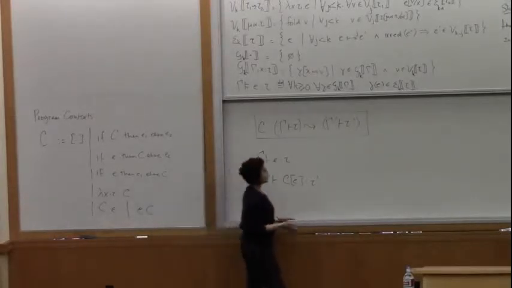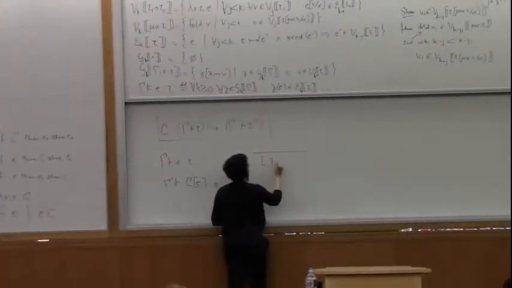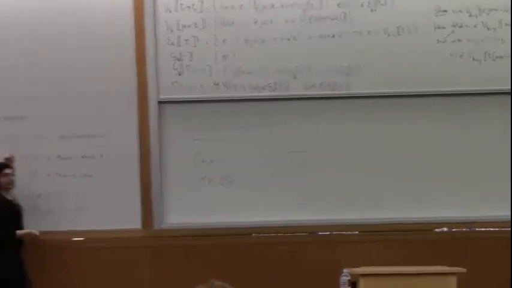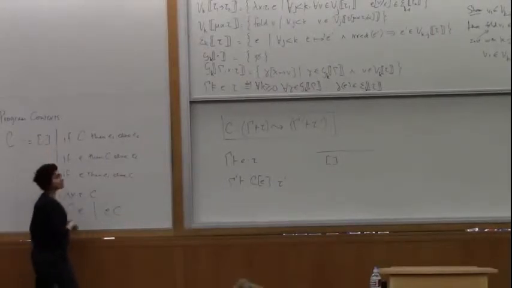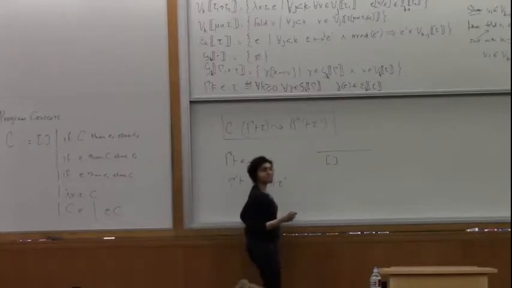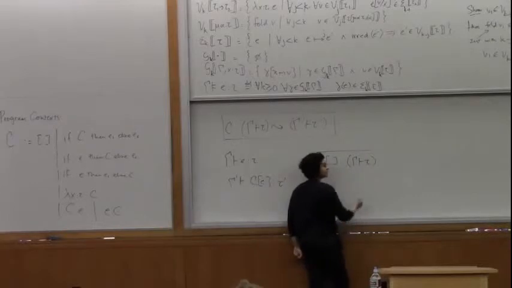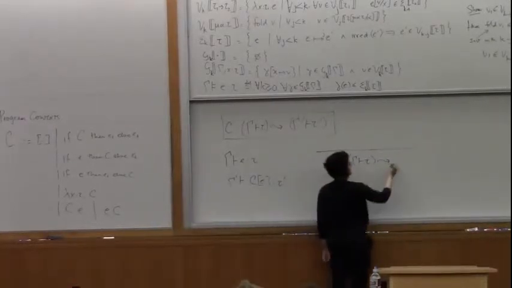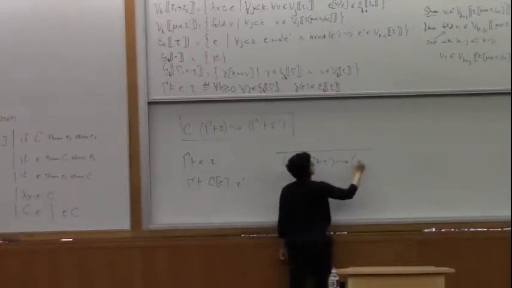So I'm not going to show you typing rules for contexts in any detail. There's only a couple that are interesting. How would you write down a typing rule for the most basic context that we have, for a hole? So let's say the hole has type this. Same thing? You could do same thing.